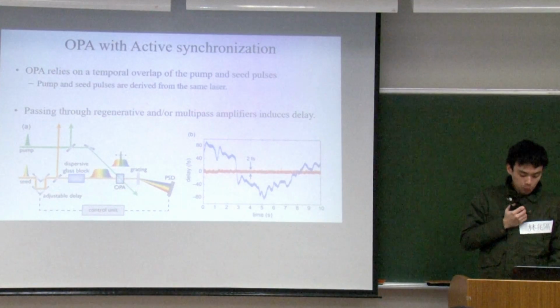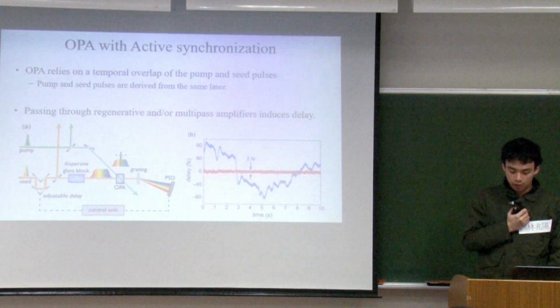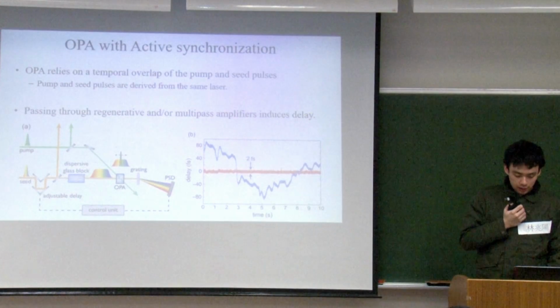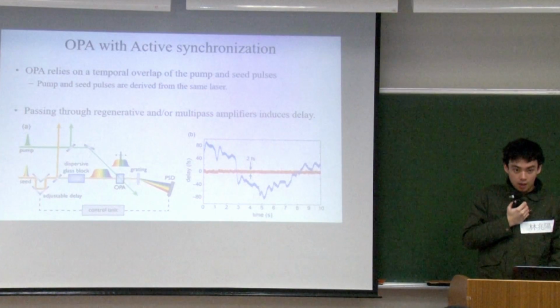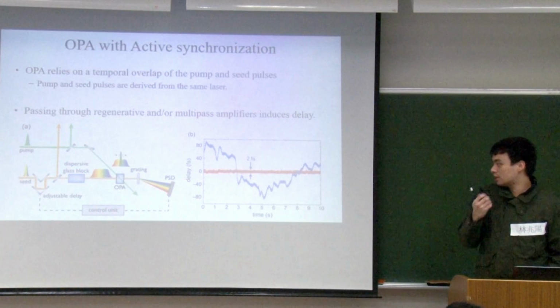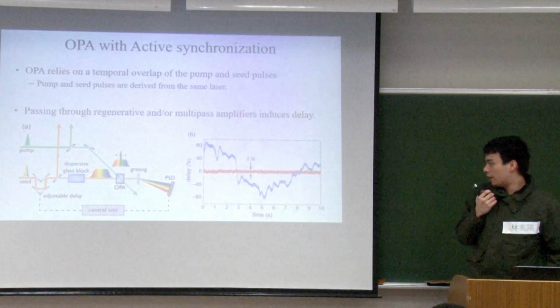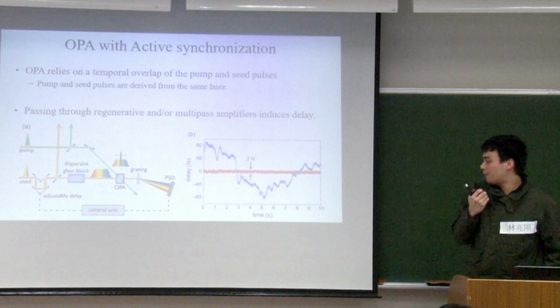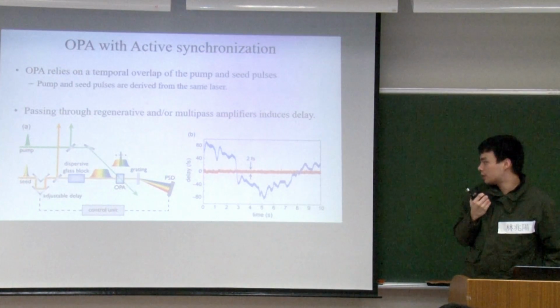There is a seed pulse, and you chirp it and do the OPA with the pump pulse. And a specific frequency of light will come out from the OPA and shine on the grating. Then there will eventually be a light pattern distribution on our sensor.